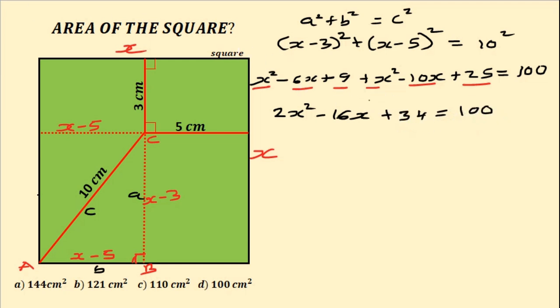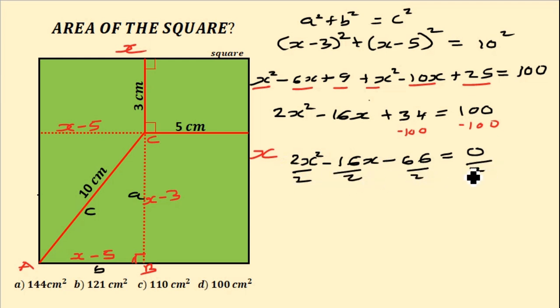So the next thing we'll have to do is to bring 100 to this side of the equation, meaning we'll subtract 100 on either side of the equation. So we will remain with 2x squared minus 16x, then plus 34 minus 100, you'll remain with minus 66, to be equal to 100 minus 100, which is 0. So if you simplify this, we can divide all through by 2 to make it in its simplest form.